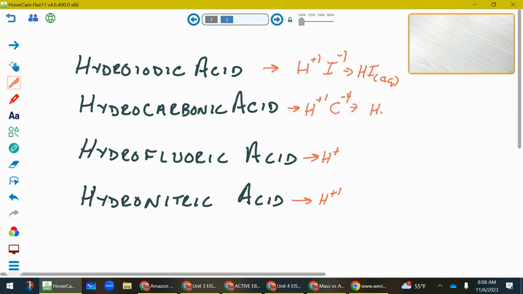So therefore we have H4C AQ. Hydrofluoric acid. What's the fluoric come from? Charge? -1. Hydronitric acid, what's the nitric come from? Charge?